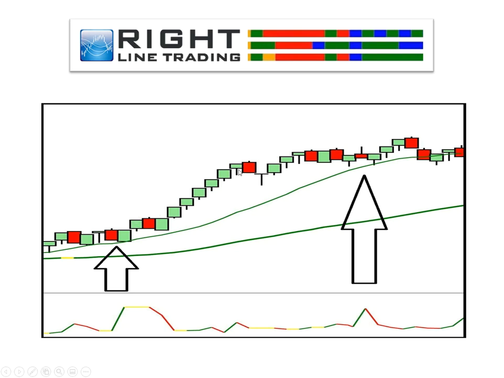Obviously, at the very least, you want it to get to your first target, and you want to get a single out of the trade. But these are the kind of trades that are most likely to give you a double, a triple, or a home run.